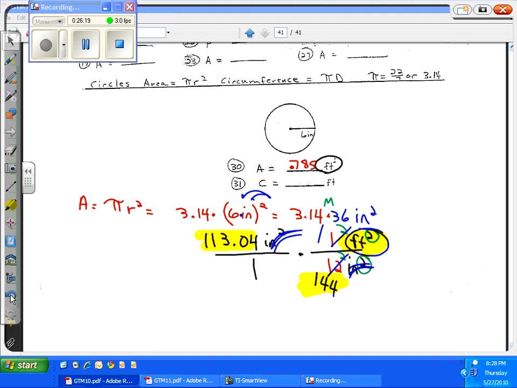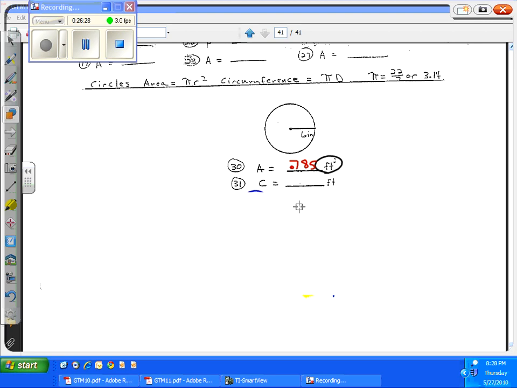Okay. Now we're going to find the circumference. I'm going to wipe out the area and hope I don't make any mistakes. Circumference is 2 times pi times radius. So circumference is 2 times 3.14 times the radius, which is 6 inches.